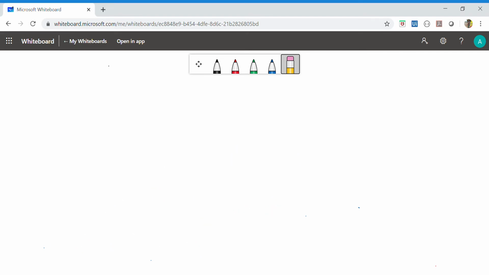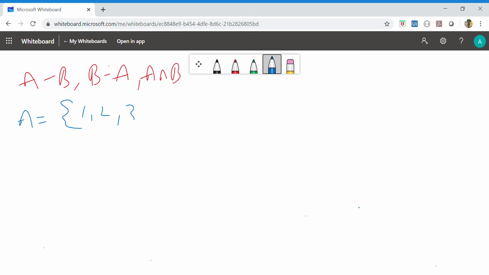And one more thing to discuss. The sets A minus B, B minus A and A intersection B are mutually disjoint sets. Justify. By taking an example, we can justify this. A is equal to the set {1, 2, 3}, and B is equal to the set {2, 3, 4, 5}.